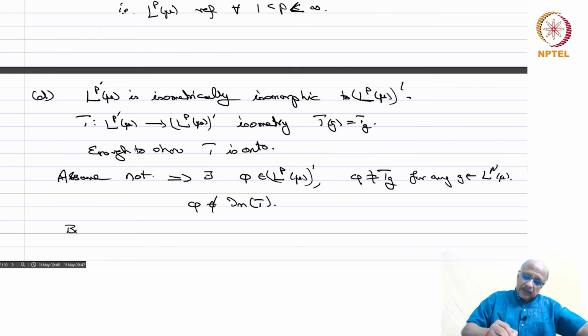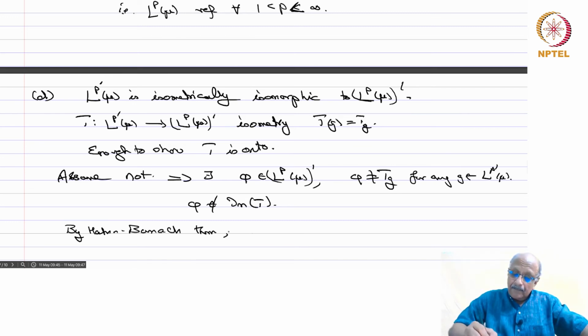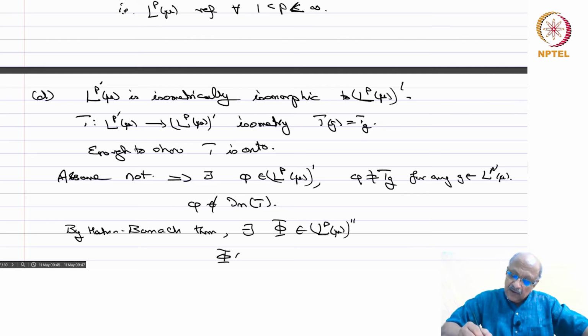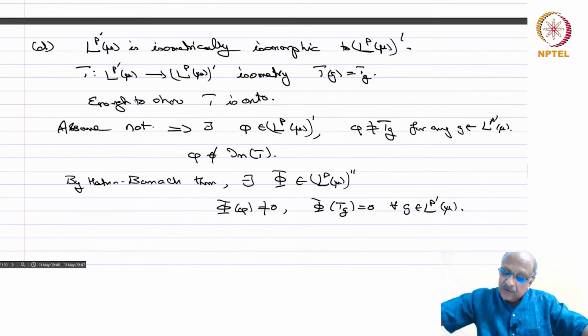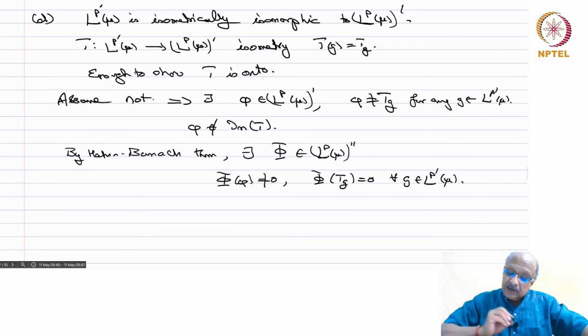So by the Hahn-Banach theorem, there exists a capital Φ in L^p(μ)'' such that Φ(φ) is not 0, and Φ(Tg) equals 0 for all g in L^p'(μ). So it vanishes on the image of T but does not vanish completely.